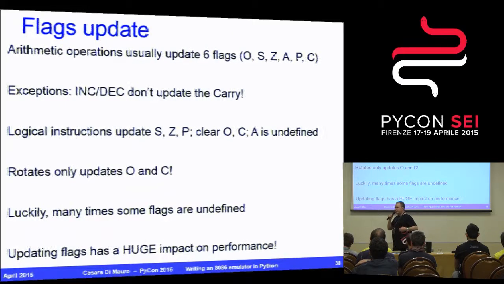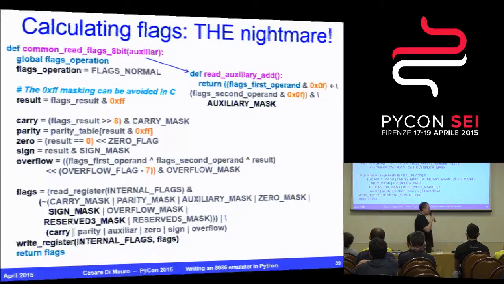The problem with flags is that calculating the flags has a huge impact on performance. Basically, imagine that you want to just add two numbers with such a processor. You make the operation, you have the result, but you also have to update the flags based on that operation.